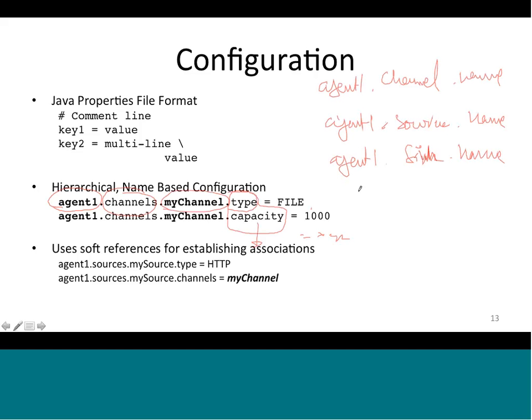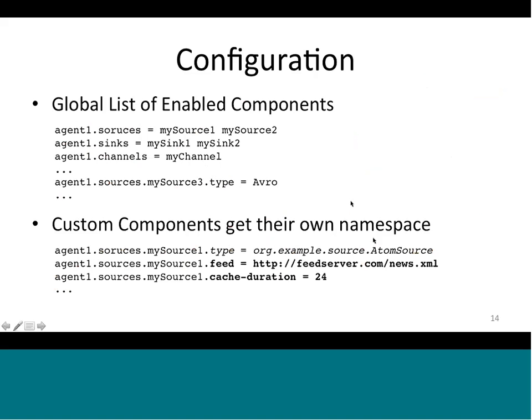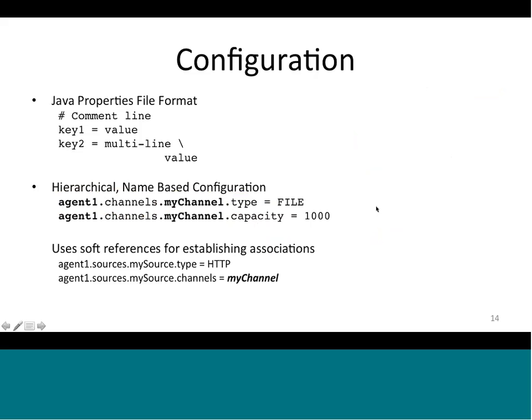Then this channel, agent1.channel.name.type. Similarly, you have sink.name.type. So it's hierarchical in that sense. Make sense? Yeah.